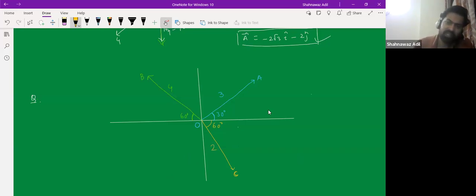So we have these three vectors, and if we want to find the resultant using the parallelogram law, that would be a difficult thing.